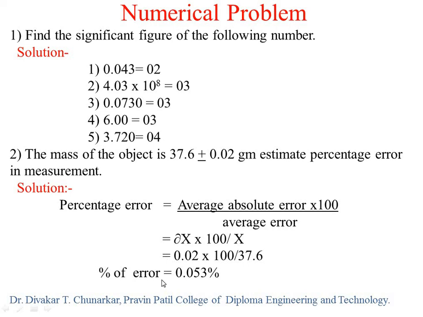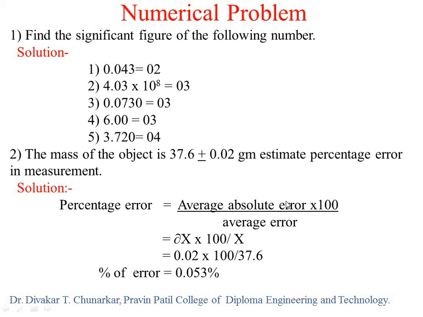If the relative error is given in the numerical problem and we have to calculate the percentage of error, then our formula is relative error into 100, this is the percentage of error. Relative error into 100 equals percentage of error. So this formula we have to use in this numerical problem.